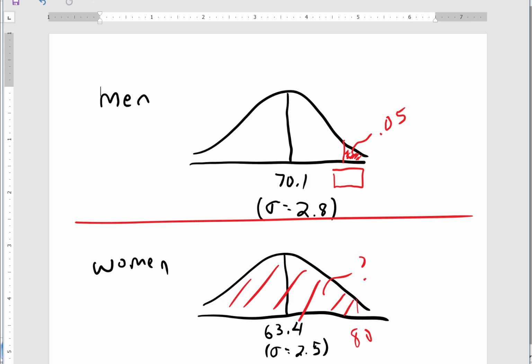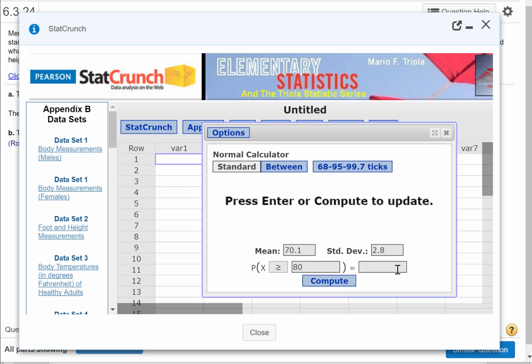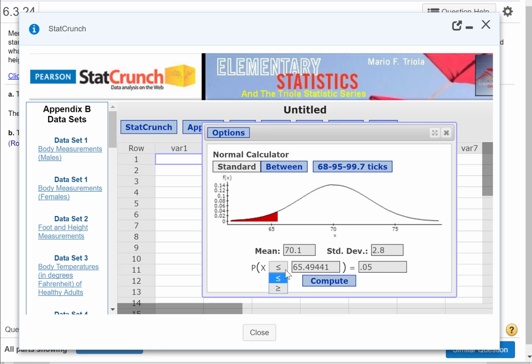Let's flip over to StatCrunch. Okay, so I've got the mean of 70.1, standard deviation of 2.8, because we're just looking at the men here, and we want this probability to be less than 0.05. So let's change this to less than. Or actually greater than, right? So my shading doesn't look right? So what am I thinking about here? Flip it around.